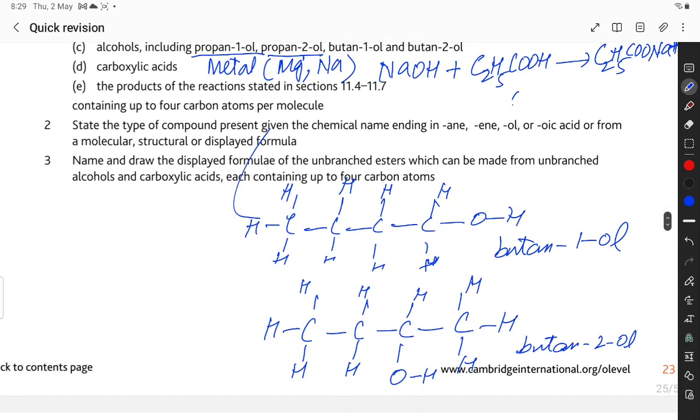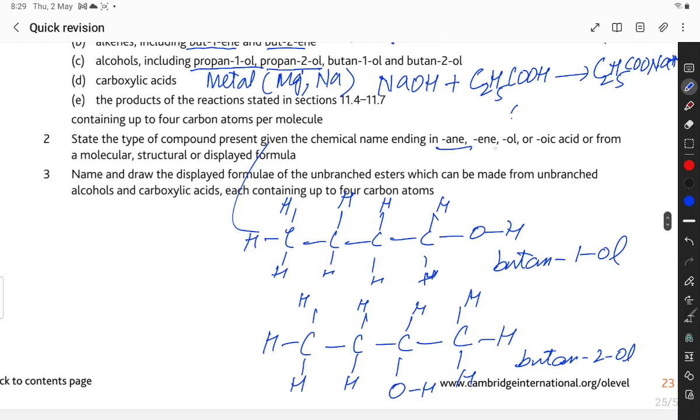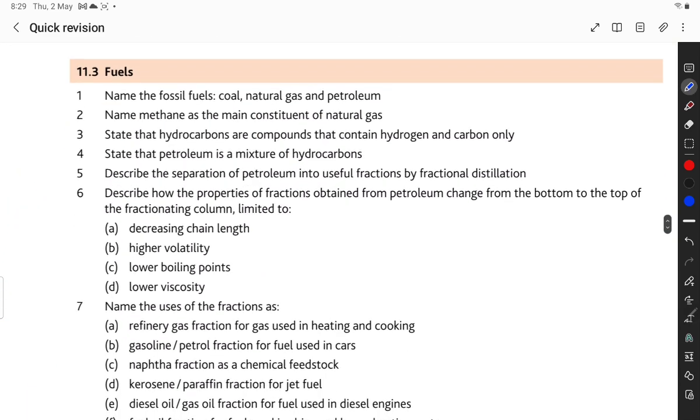So this is: state the type of compounds present given the chemical name ending: -ane is alkane, -ene is alkene, -ol is alcohol, -oic acid for carboxylic acid, to form the molecular structure displayed. Name and draw the displayed formula of the unbranched esters, which can be made from unbranched alcohols and carboxylic acids containing up to 4 carbon atoms.